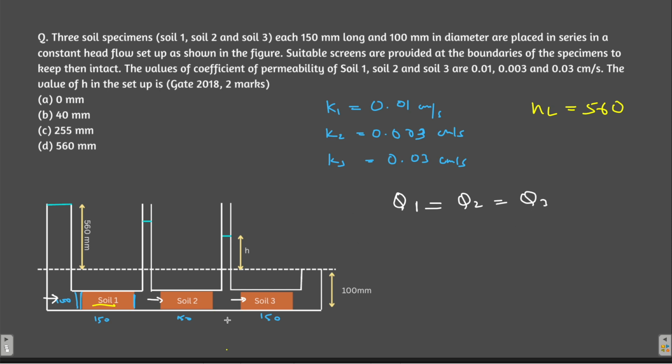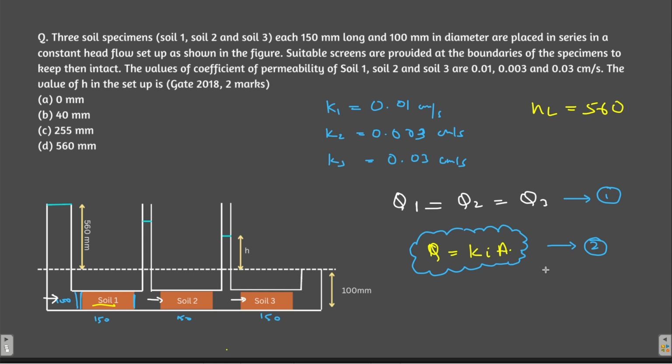Now there is a famous formula that you should know: Q is equal to KIA. This is one of the important formulas you should know. Discharge equals K, the coefficient of permeability, into I, the hydraulic gradient, into A, the cross-sectional area of the soil. So let me consider Q1 = Q2 = Q3 as equation number 1, and this as equation number 2.